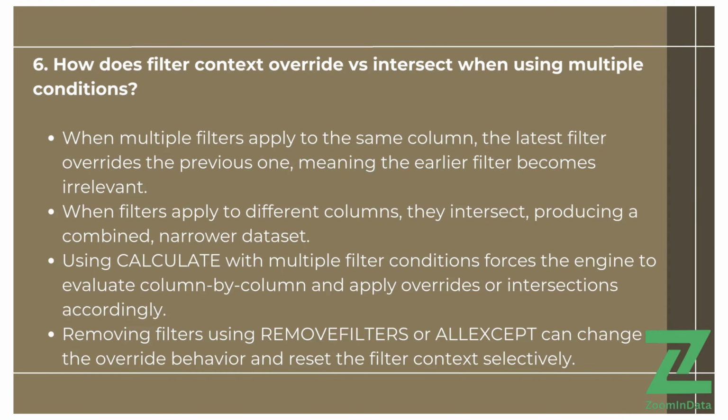Using CALCULATE with multiple filter conditions forces the engine to evaluate column by column and apply overrides or intersections accordingly. Removing filters using REMOVEFILTERS or ALLEXCEPT can change the override behavior and reset the filter context selectively.